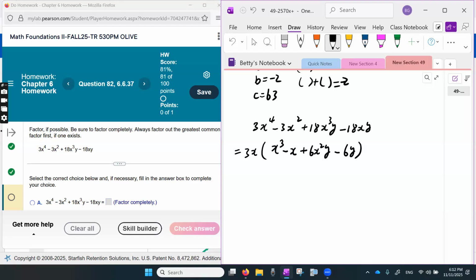3x to the fourth minus 3x squared plus 18x cubed y minus 18xy. So we factor 3x out, and for the last two terms we have 6x squared y, and 6y.